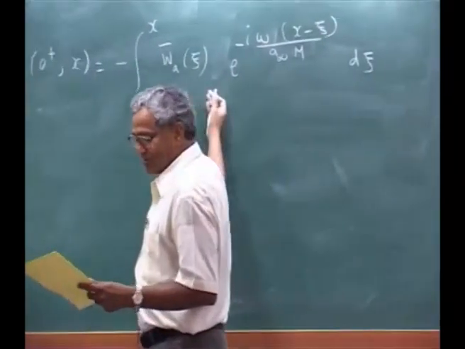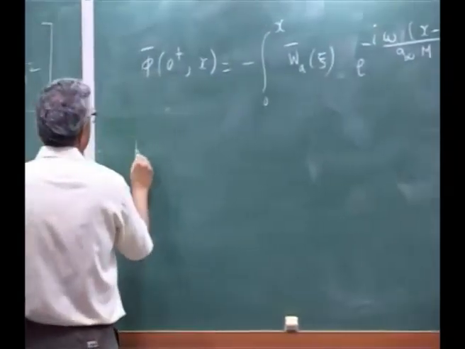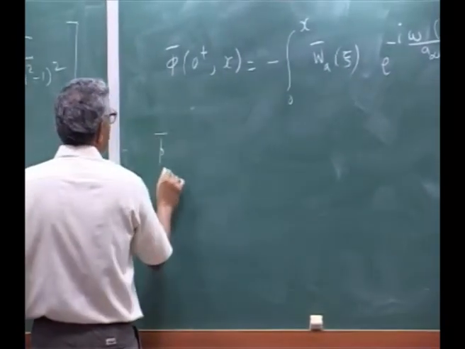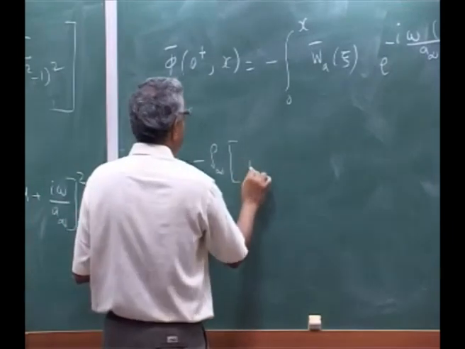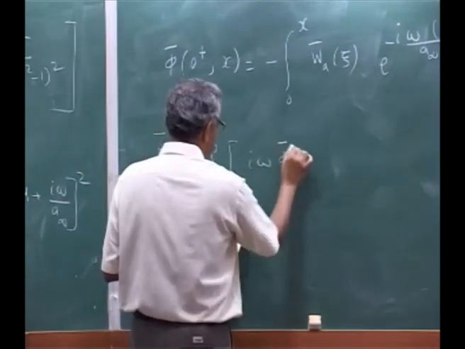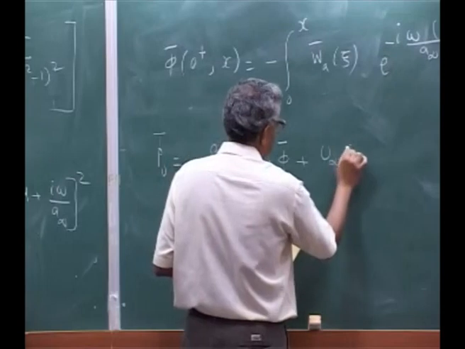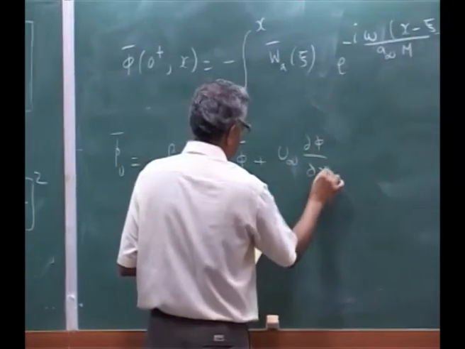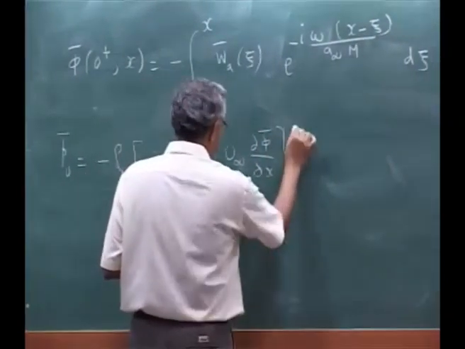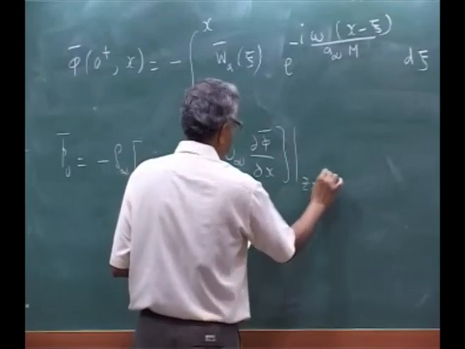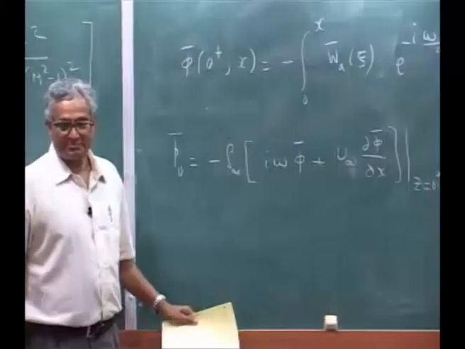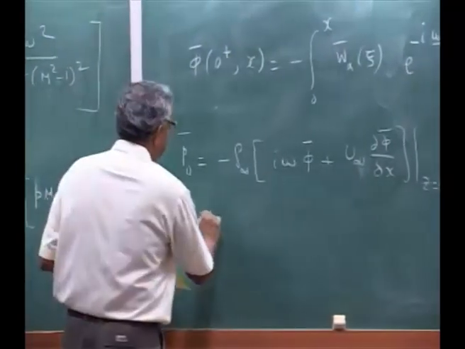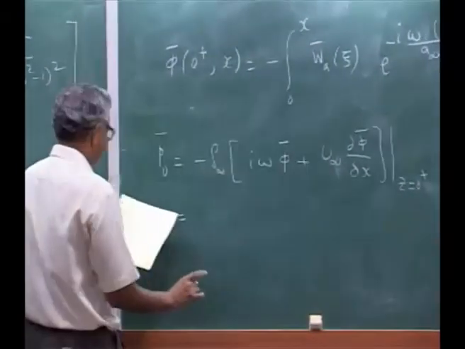This is again you substitute in the p bar upper, which is minus rho infinity i omega p bar plus u infinity delta phi over delta x, this p bar, and this is equal to 0 plus, because this is p upper. When you do that, this will become a much simplified expression.